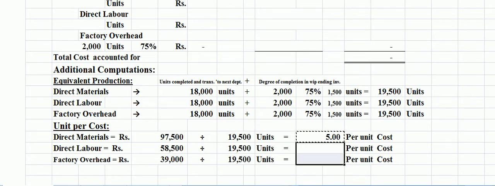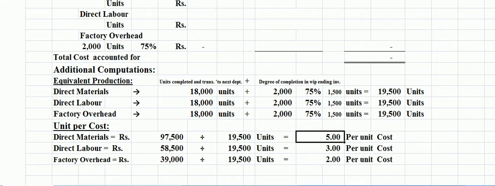Then we find the per unit cost as direct labor and factory overhead here. Now students, this is the per unit cost belonging to the direct material, direct labor, and factory overhead.